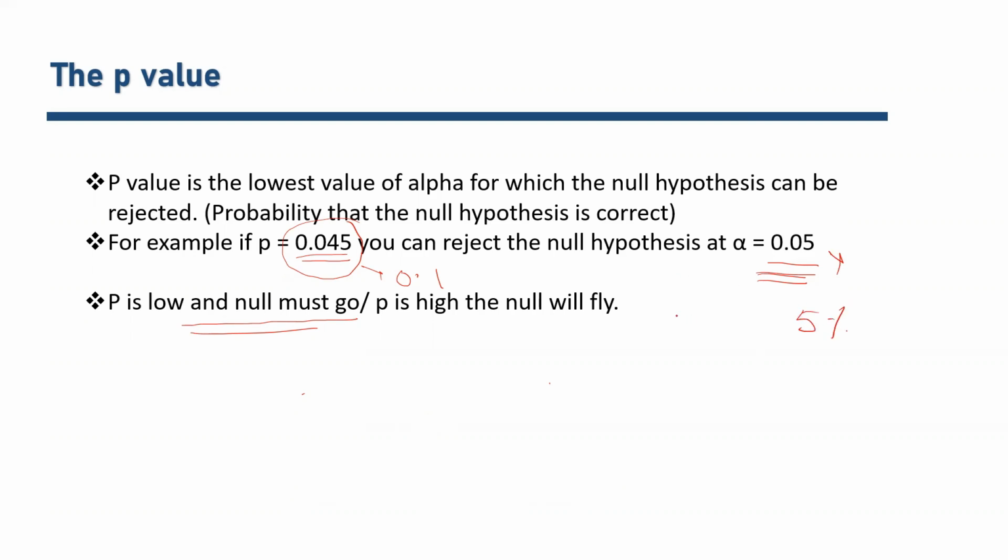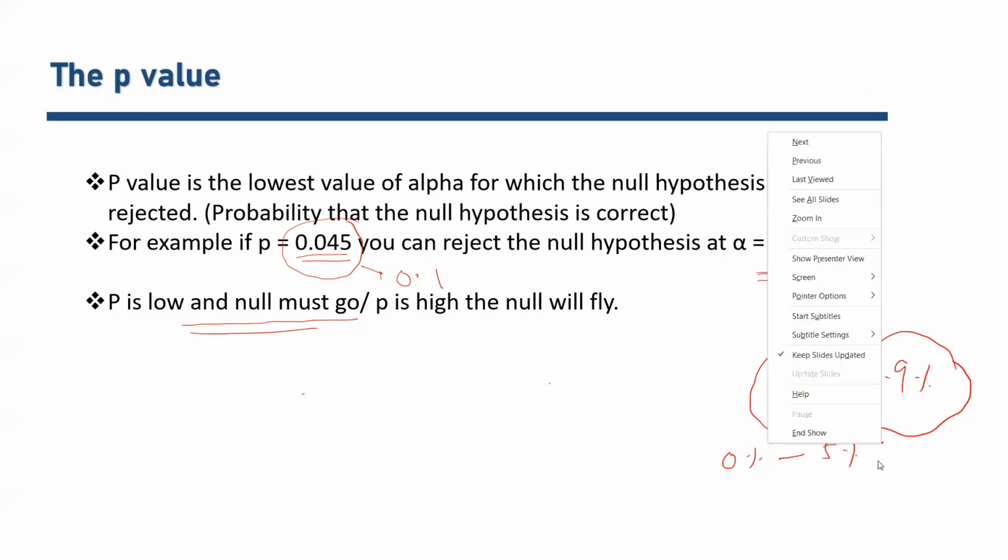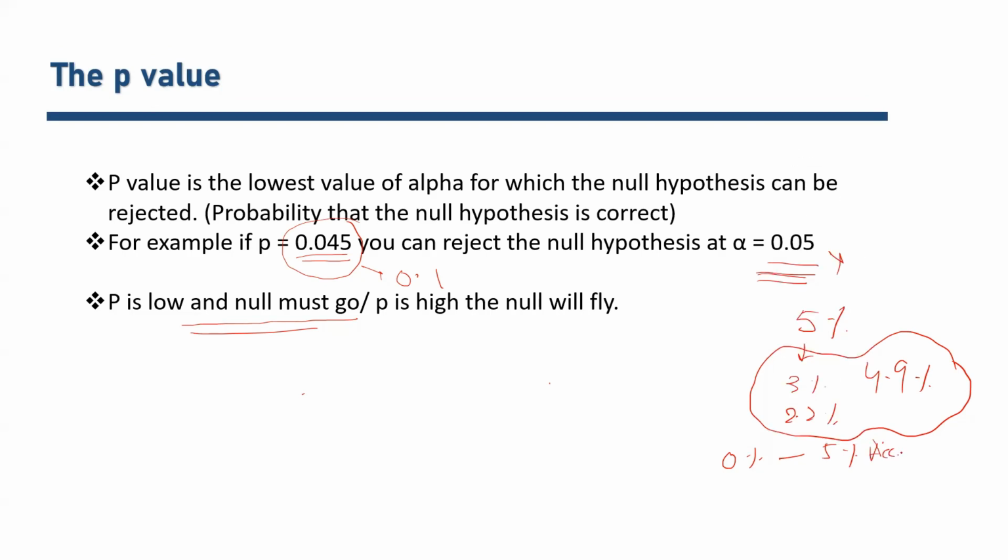Now if you get a P value which is less than 5%, say 3% or 2.2% or 4.9%, anything in this range from 0% to 5%, you will reject the H0.